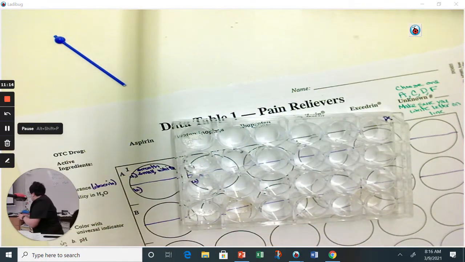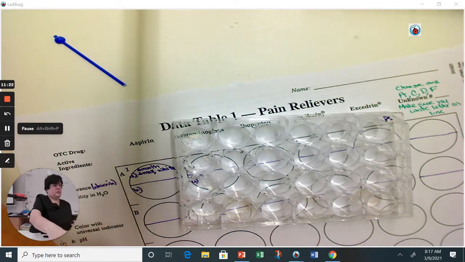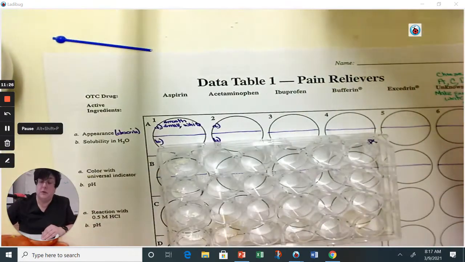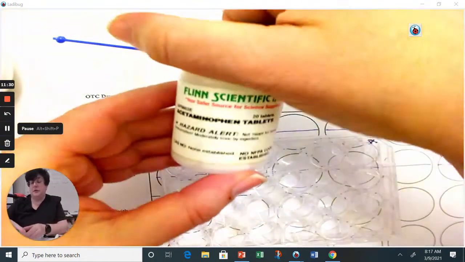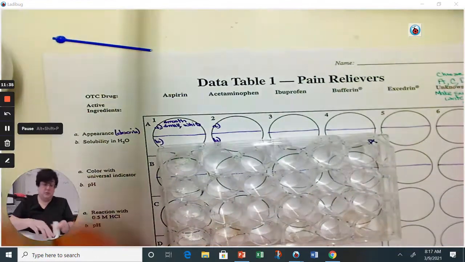Put this aside and get my next one. The next drug is acetaminophen. Where are you? Here you are. Acetaminophen tablet. Okay, this is more like a capsule.